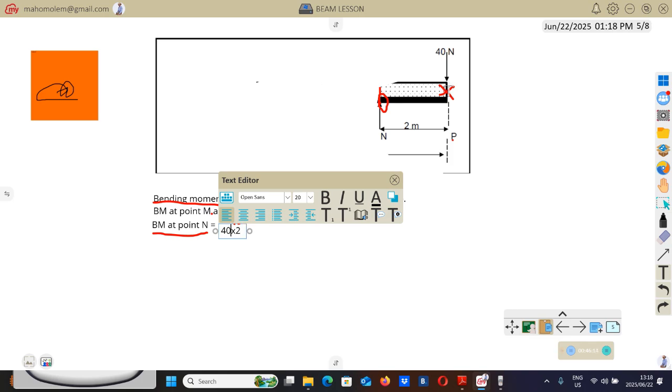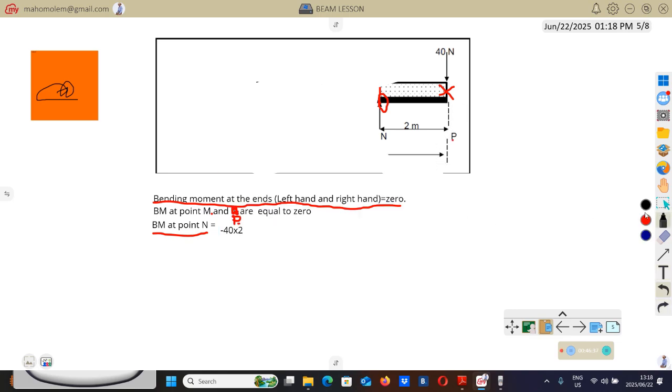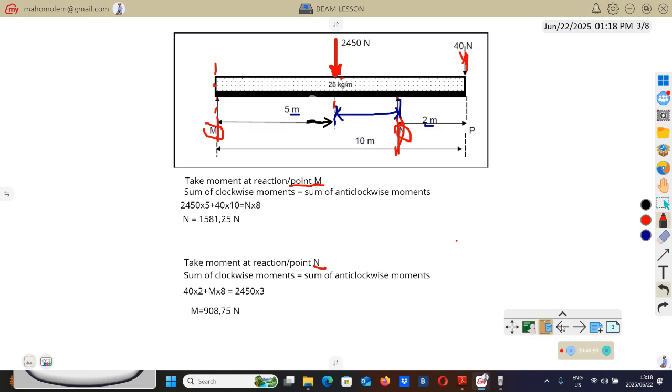Then, if this force is acting down, we use minus, because it's acting downward, so it's going to be negative. This negative is about the direction. So remember, this force is going to cause this beam to bend like this. This kind of bending downward is a negative direction. Let me go through my notes here.